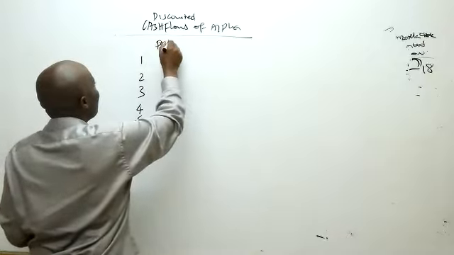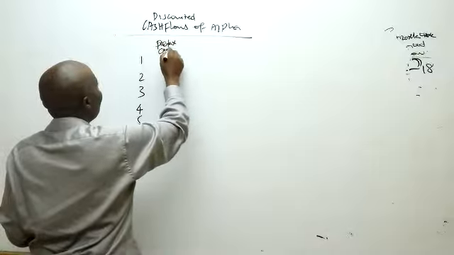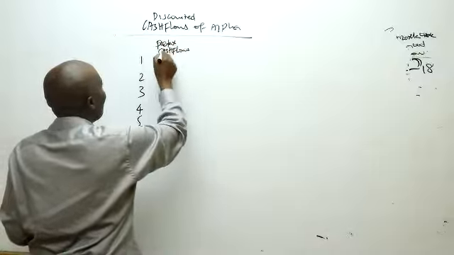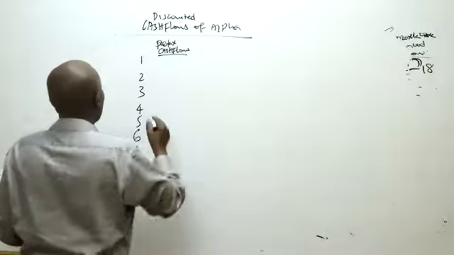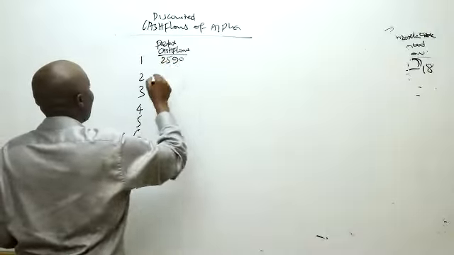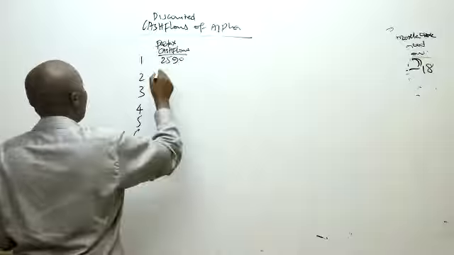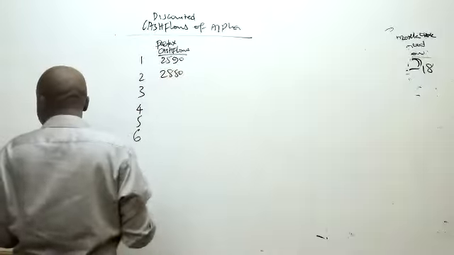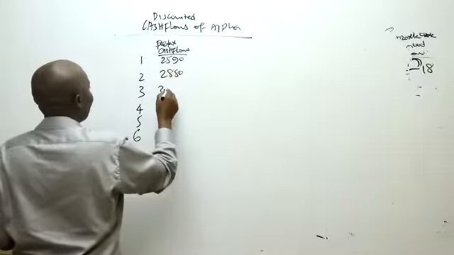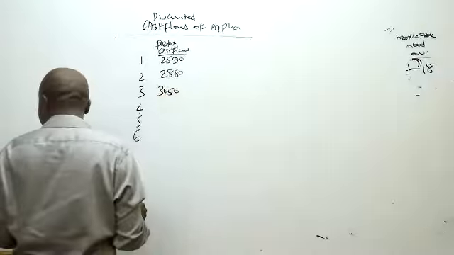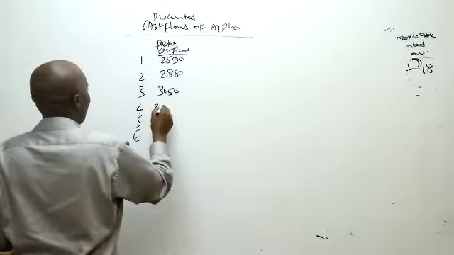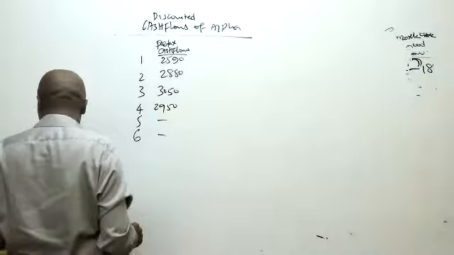Pre-tax cash flows, what do we have there? The first is 2590. The second one is 2880. The third one is 3050. The fourth one happens to be 2950, and then there's nothing there.